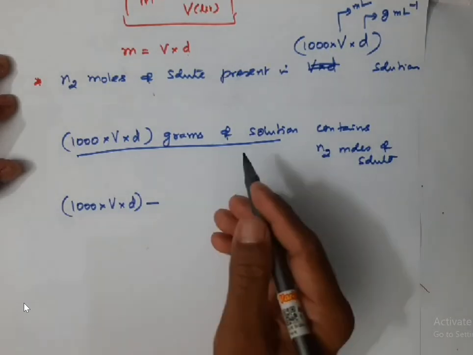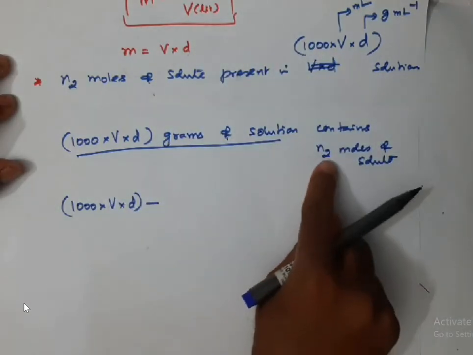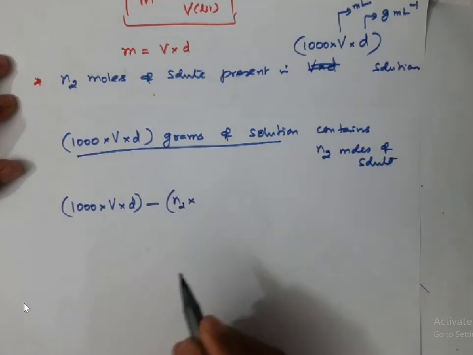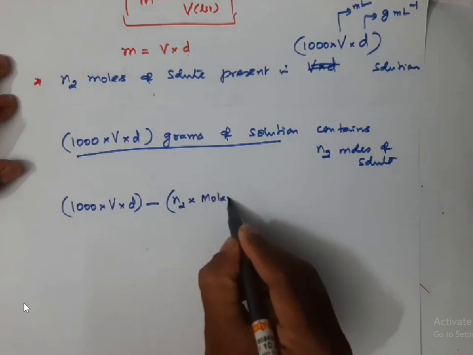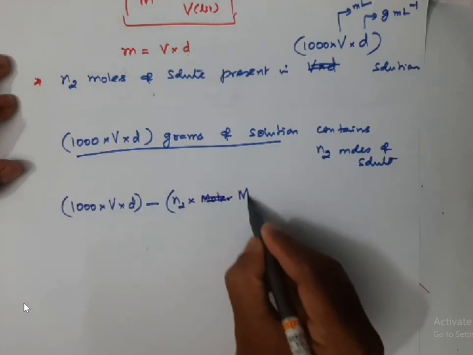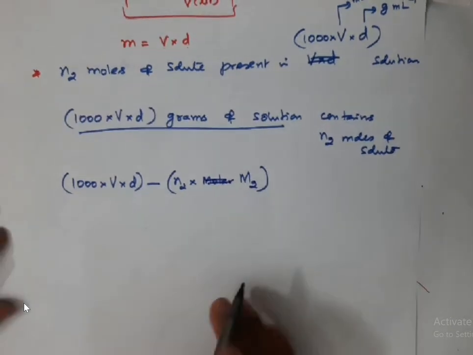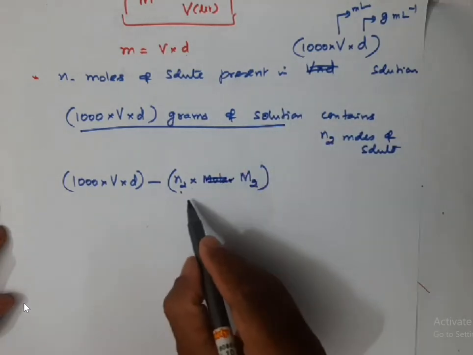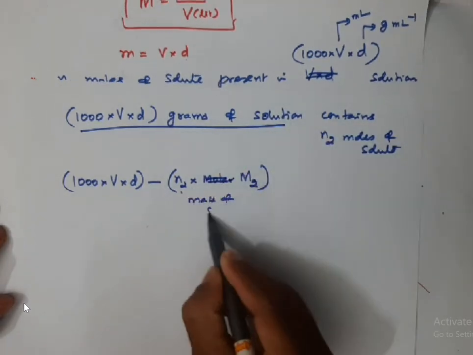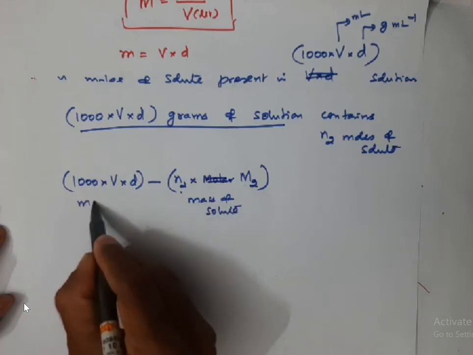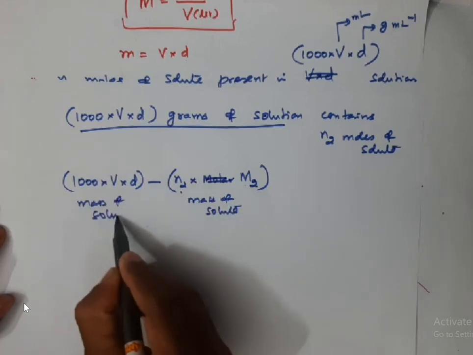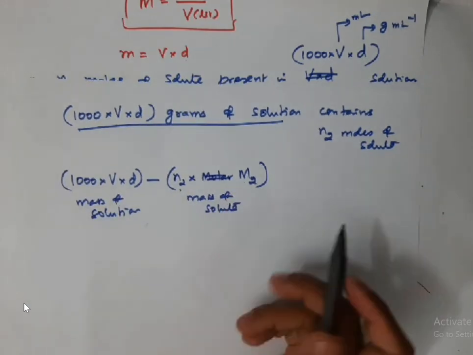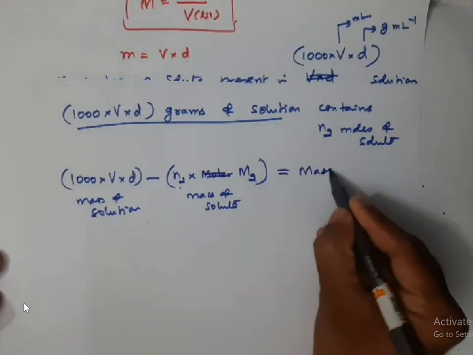How to find the mass of the solute? I know the number of moles, N2 moles of solute is present. So number of moles into molar mass of solute, molar mass of solute I'll write just M2. Students, observe this carefully. Number of moles into molar mass will give you mass. So this is mass of solute, and this one is mass of solution. If I subtract this, I will get the mass of solvent.